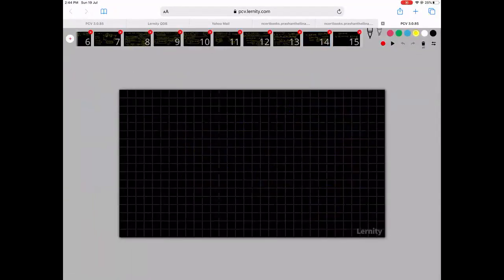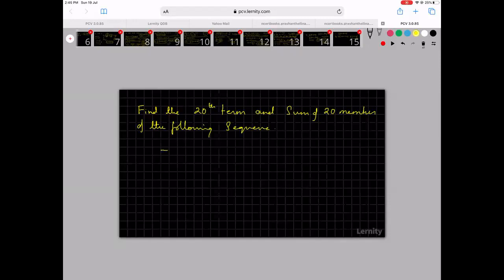Here's the next question. Find the 20th term and the sum of 20 members of the following sequence: minus 28, minus 26, minus 24, and so on.